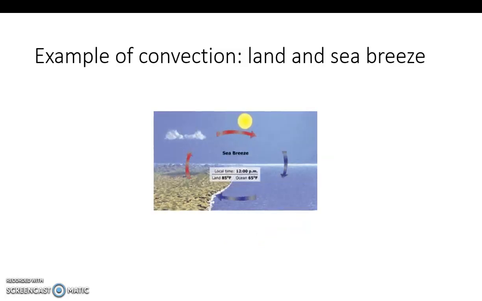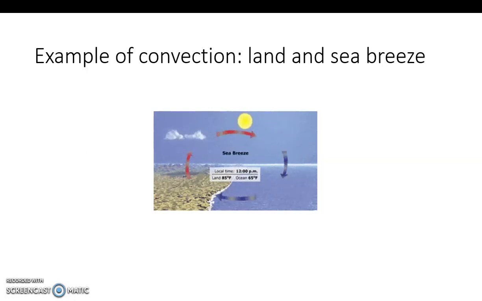This is an example of convection in nature, the land and the sea breeze. If you look at the diagram, you will discover that on the land we have red arrows coming upward, and from the sea we have blue arrows blowing towards the land.